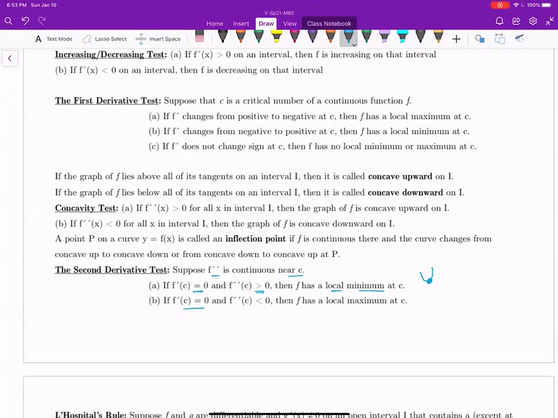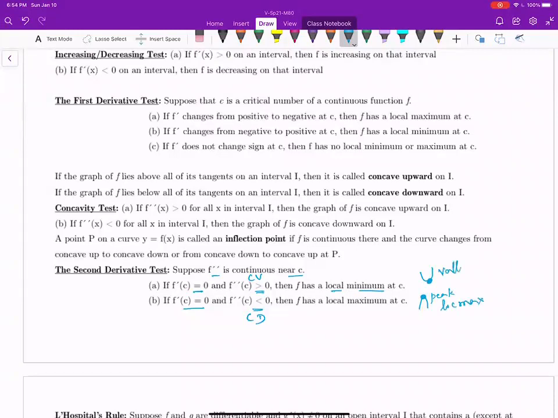If f prime of c equals 0 and f double prime of c is less than 0, it is concave downward, while the other is concave upward, then there is a local maximum. For concave up, there is a valley; for concave down, there is a peak. So it's a local maximum.